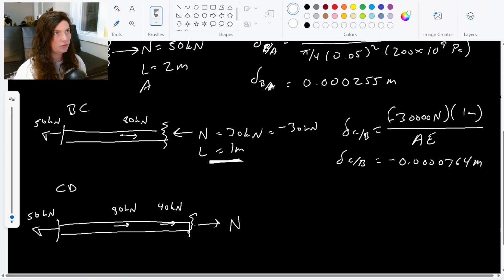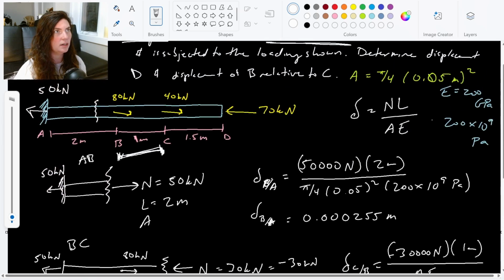So my normal force cutting through section CD, again, I drew it in the wrong direction. So it's combating that 40 and 80, and combining with the 50, I'm getting 70 kilonewtons for my normal force. Again, in compression, so this is a negative. Negative 70 kilonewtons is my normal force.